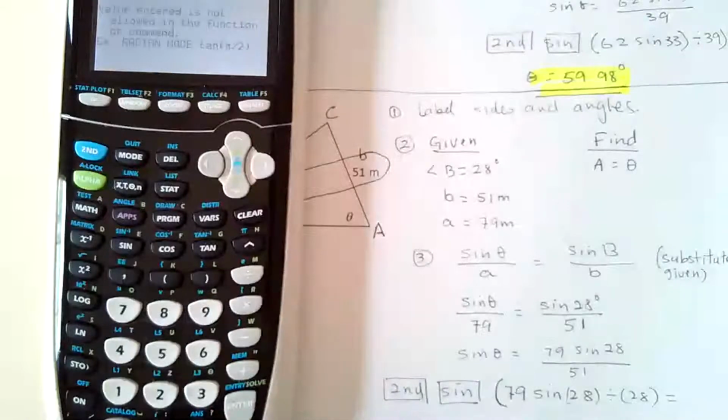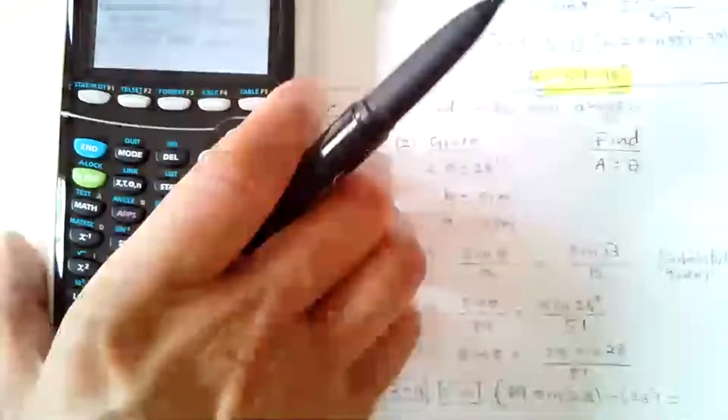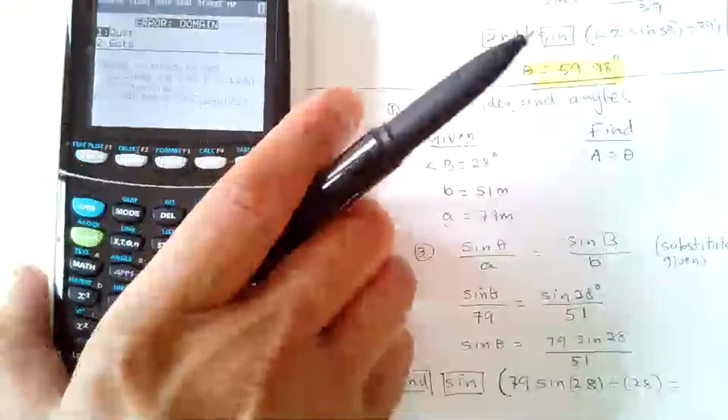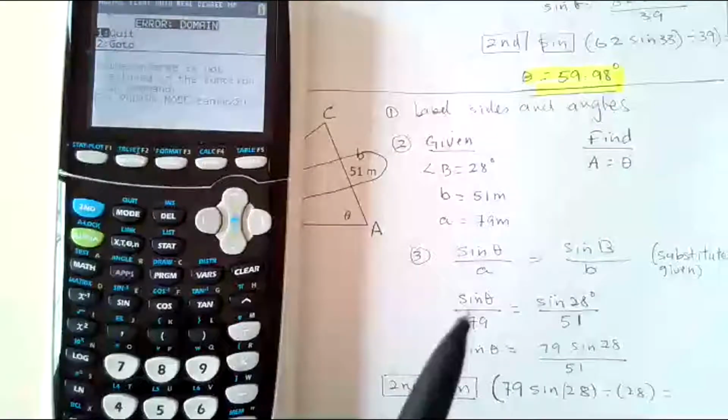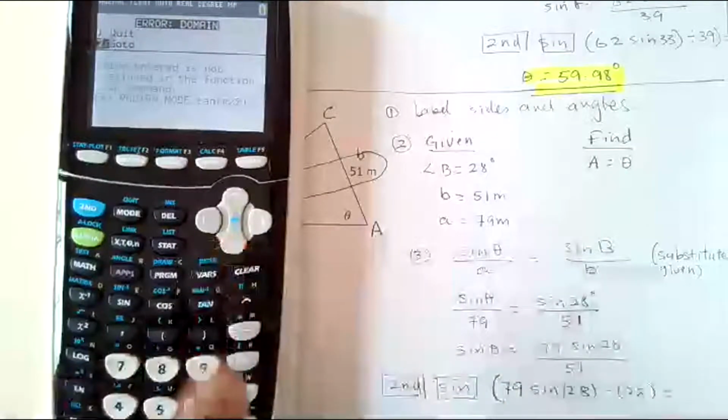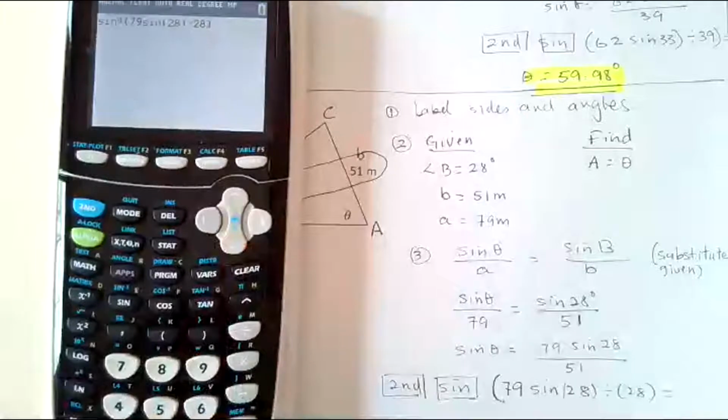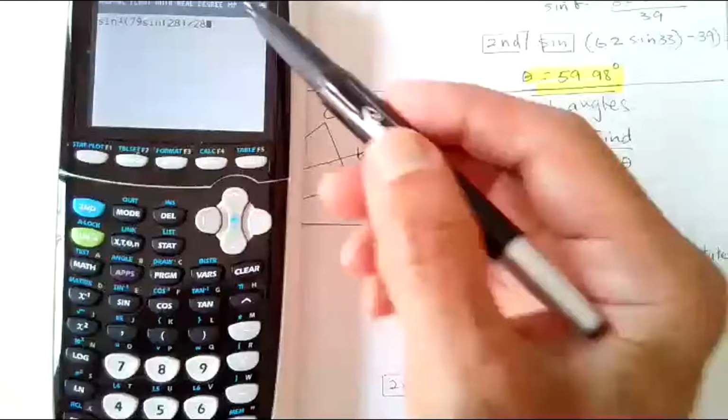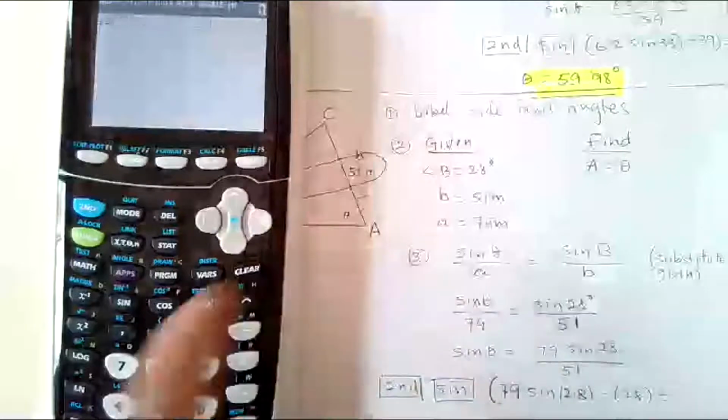Notice I get an error in my calc. Now, if you're using a graphing calculator and you have an error, I've inputted something incorrectly, so I go back here, and I notice I have a bracket there. So I'll have to re-input this.